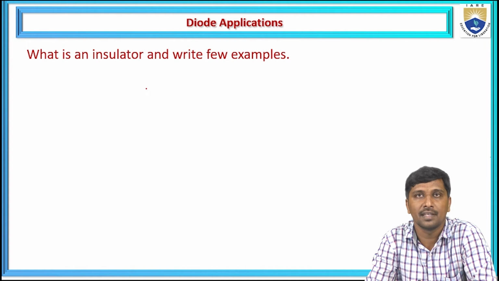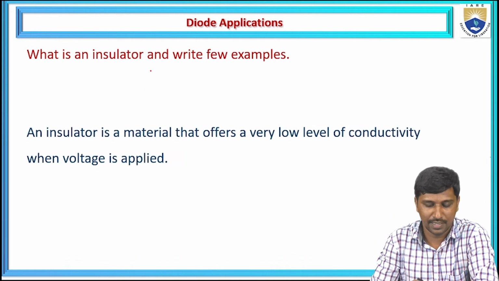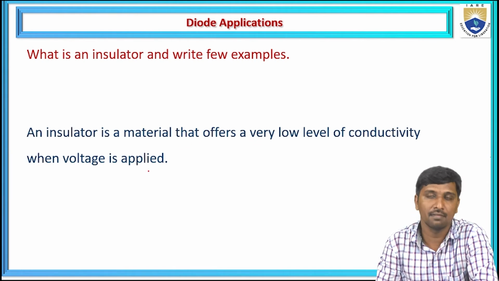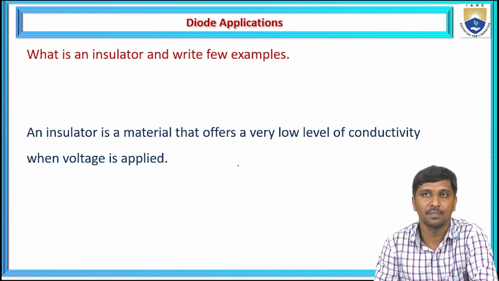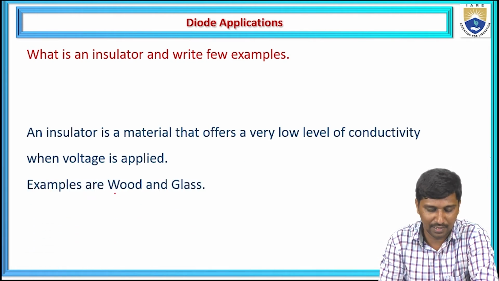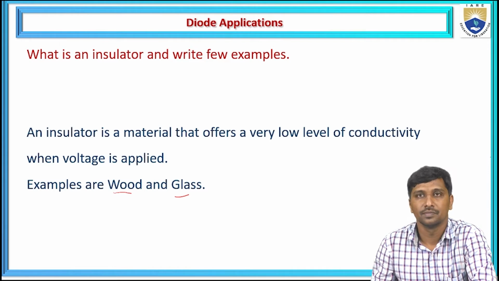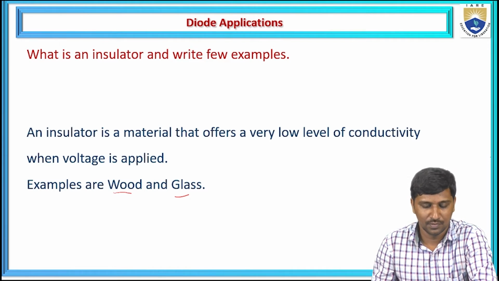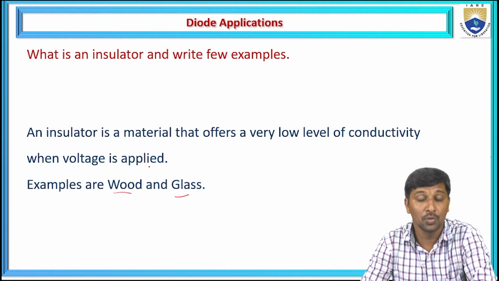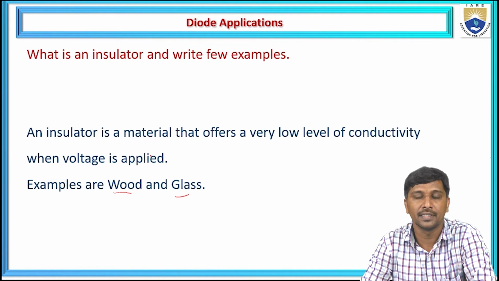So an insulator is a material that offers a very low level of conductivity when voltage is applied. The best examples are wood and glass. Wood and glass do not allow the flow of charge, even if you apply force or voltage.